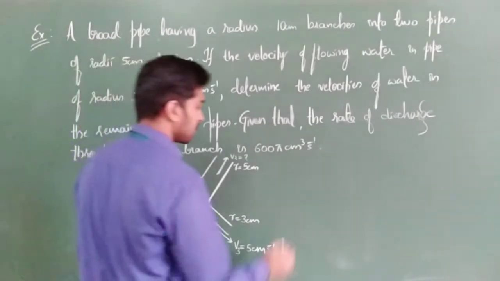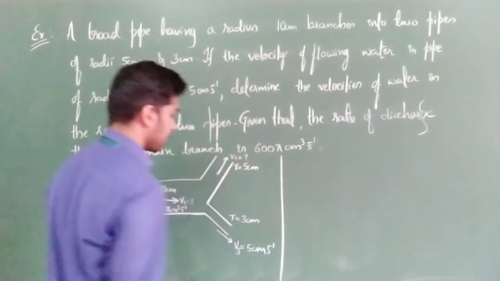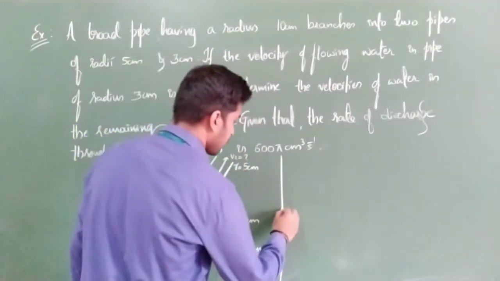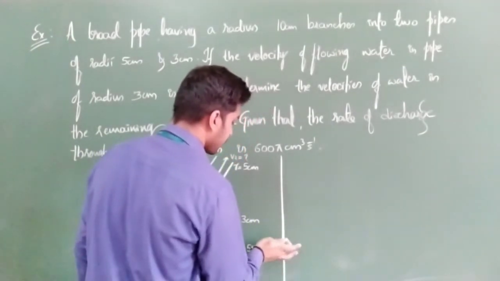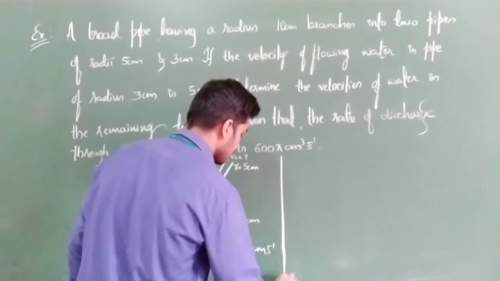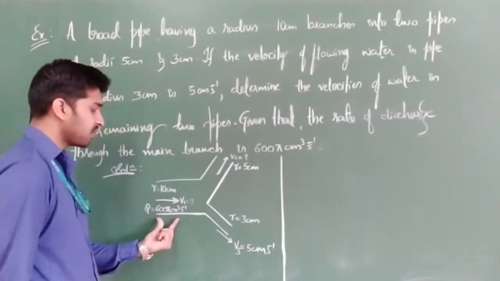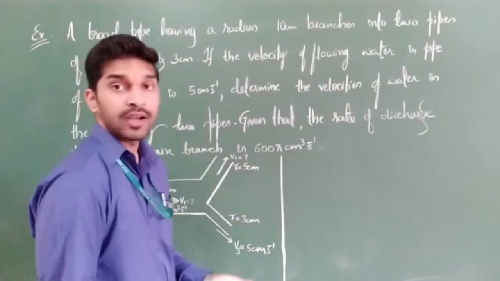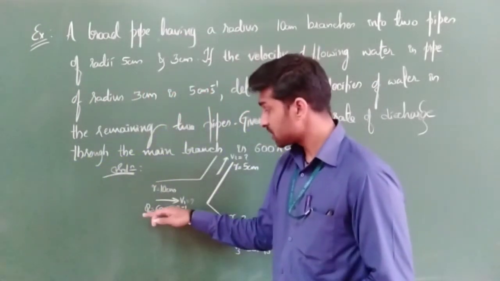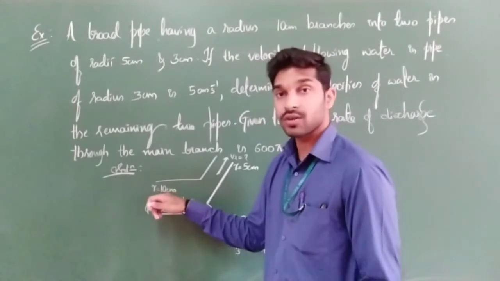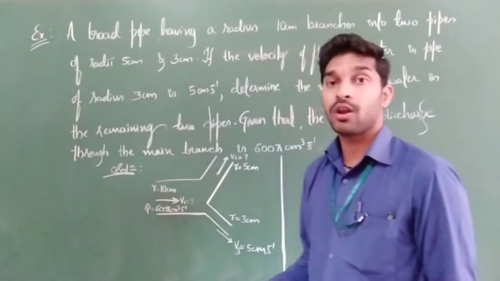So how to solve this problem? First of all, let us try to calculate the value for V1, because it is very easy. They had given us the Q value, the rate of discharge. From this Q, R also given to us, how can we calculate velocity?